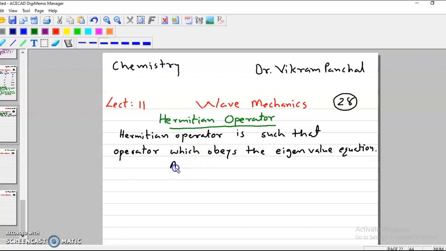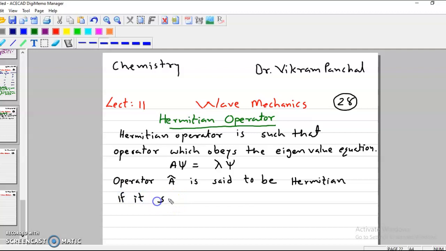That is, if we write A psi is equal to lambda psi, then operator A is said to be Hermitian if it satisfies the following condition.